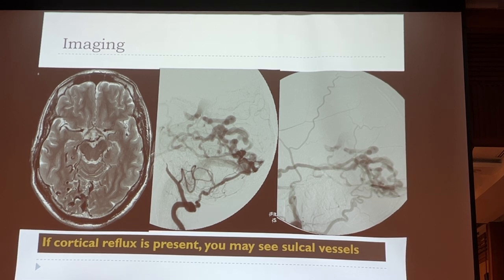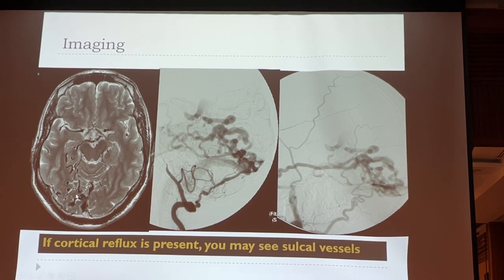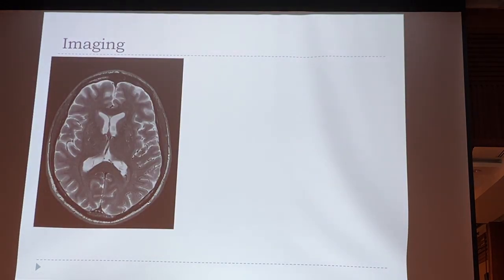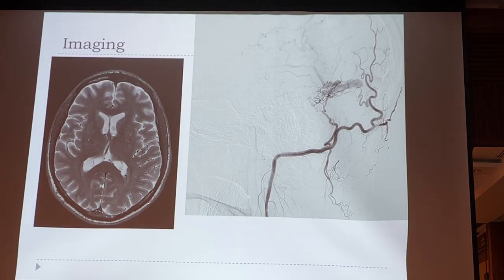Now, if your shunt flow is high, as in this example here, then the dilated vessels are quite obvious. However, if your shunt is relatively low, then the dilatation of the vessels can be more subtle. So here we have a patient, presumably for those of you in the back row, you will not be able to see any difference between the left and the right hemisphere in this patient with a dural arteriovenous fistula.